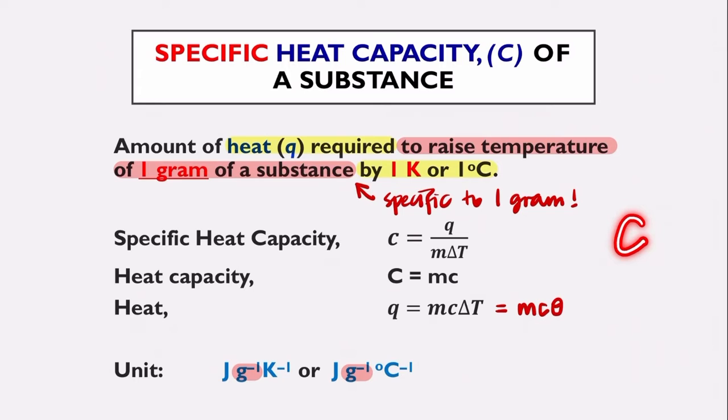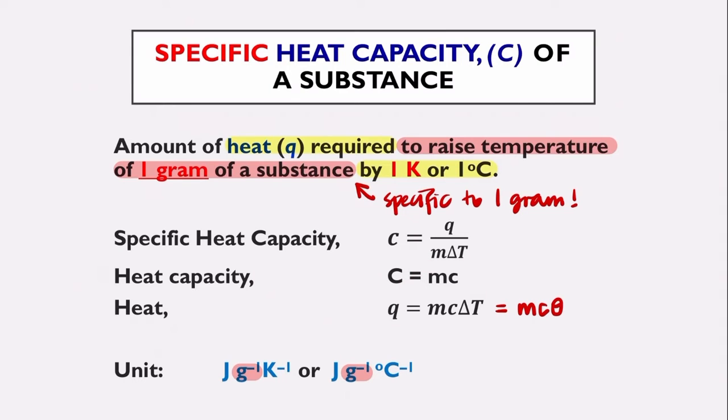The big letter C already takes account of the mass, but specific heat capacity does not. So the formula for specific heat capacity of a substance is heat change over the mass of substance and the difference in temperature, delta T or theta.